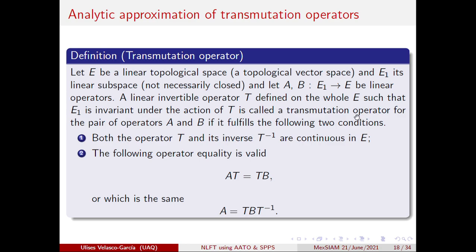It's invertible, and it satisfies two conditions. T and the inverse are continuous on this topological space, and this equality is valid, where A and B are also linear operators, where E1 is a linear subspace, not necessarily closed.